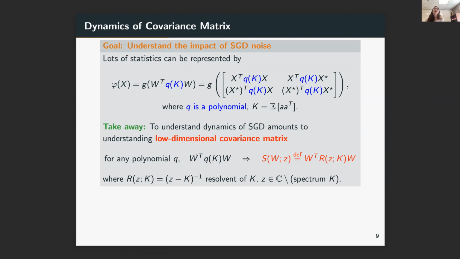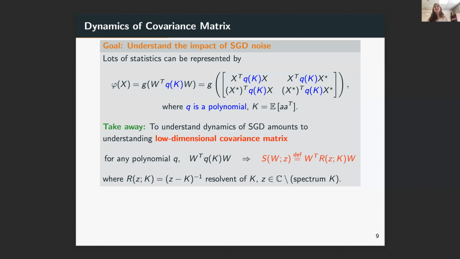So there's a trick that we use, which I hope the harmonic analysts in the room know and appreciate, which is that we can use the resolvent. The resolvent of a matrix is given by Z minus K inverse, where Z is a complex number not in the spectrum of K.